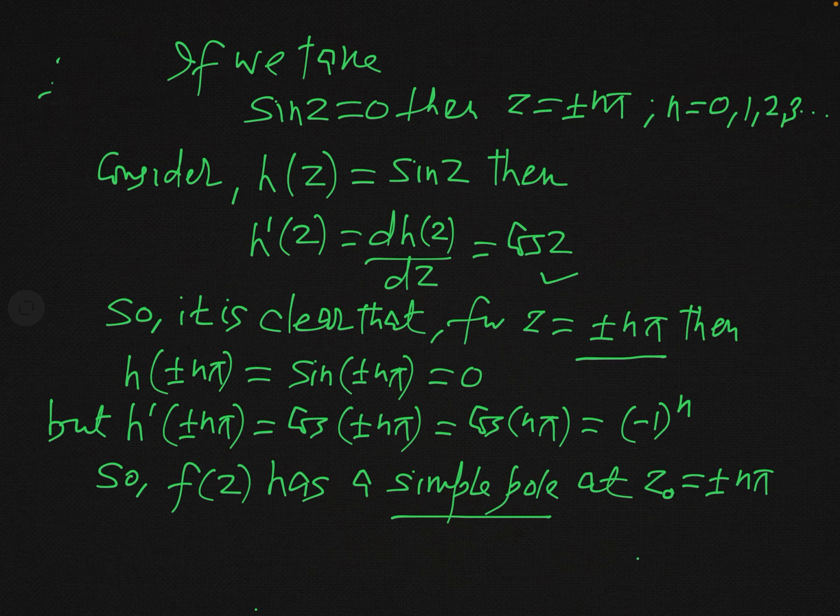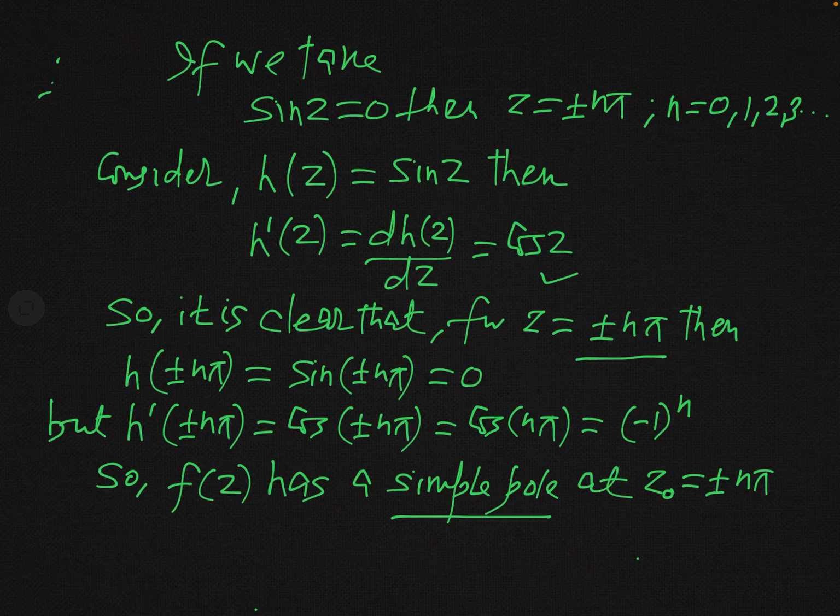Now you can see when we take z equal to plus minus n pi, in that condition sine of z will be written as h of plus minus n pi, that is sine of plus minus n pi, and this will be simply 0.